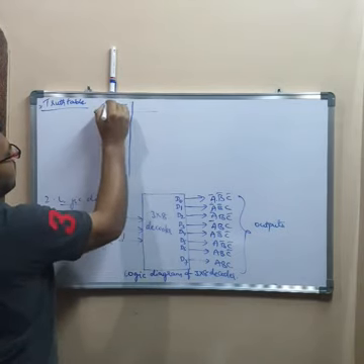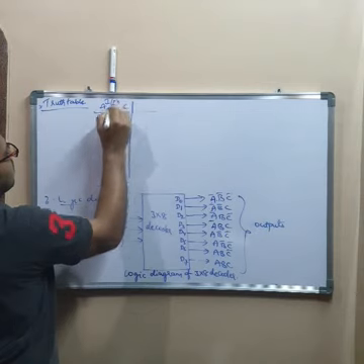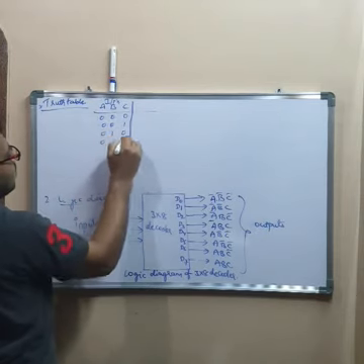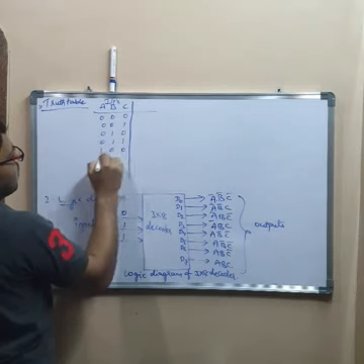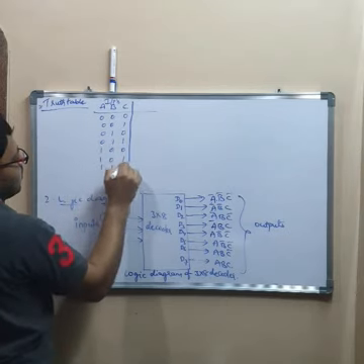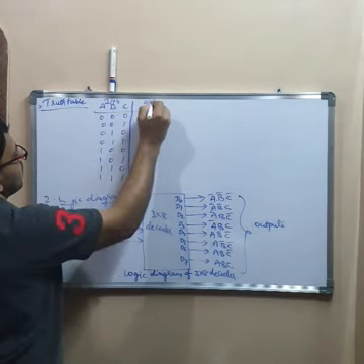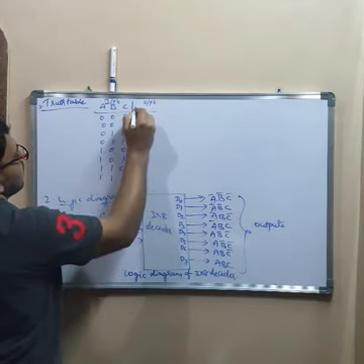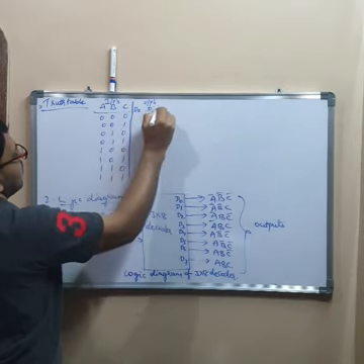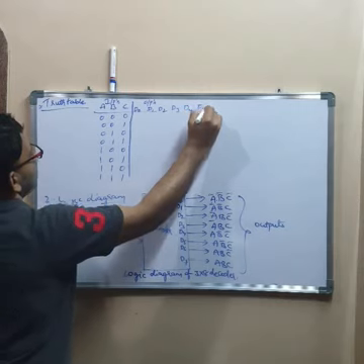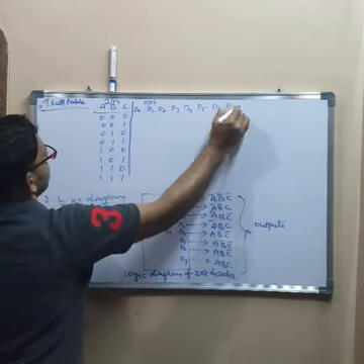Zero, zero, zero. These are the inputs. 0, 0, 1, 0, 1, 0, 0, 1, 1, 1, 0, 0, 1, 0, 1, 1, 1, 0, 1, 1, 1. Outputs D0, D1, D2, D3, D4, D5, D6, D7.